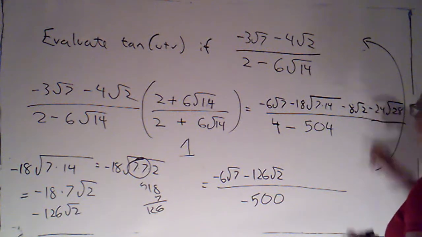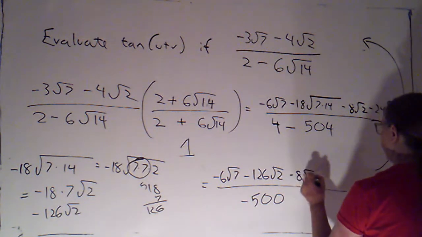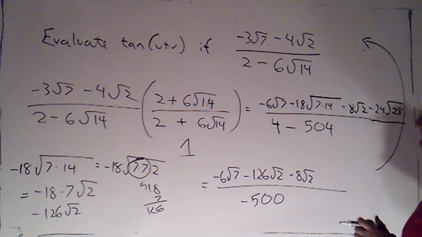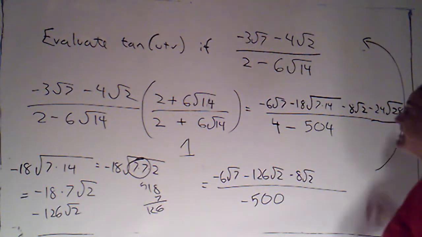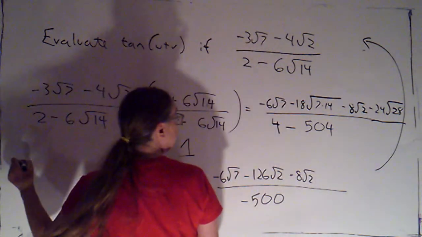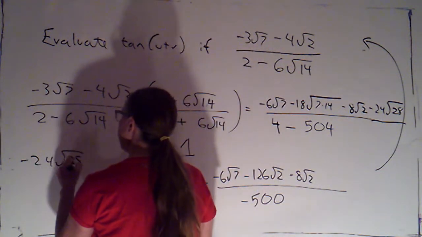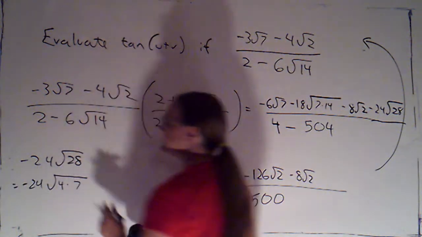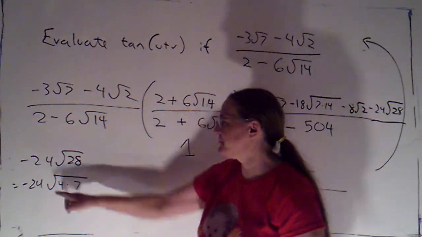Okay, minus 8 root 2. Oh, that's so exciting. That doesn't simplify. Okay. And then minus 24 root 28. That is going to simplify because I can see negative 24 root 28. That's negative 24 root 4 times 7. But I can simplify the root 4.